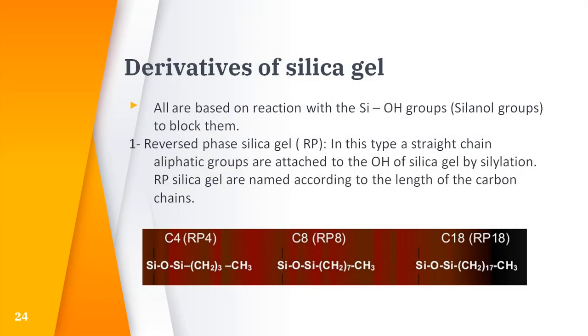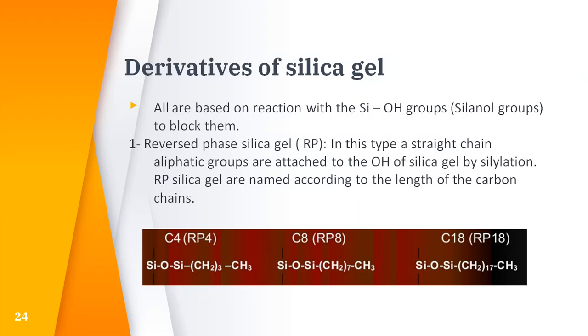There are some derivatives of silica gel which have been used. First is reverse phase silica gel. Here a straight chain aliphatic group is attached to the OH of silica gel by silylation. RP silica gels are named according to the length of the carbon chains.